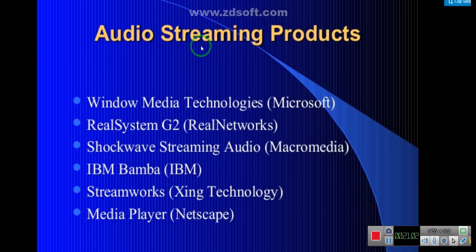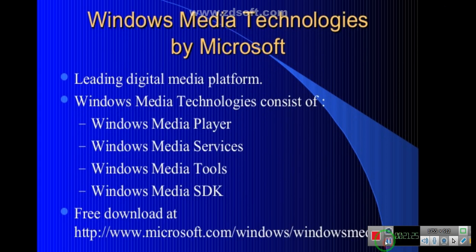Now coming to audio streaming products. The first one is Windows Media Technologies by Microsoft, then Real. In Microsoft, if you have a licensed Microsoft Office, you can make your audio video conference call, audio video meeting, etc. Then RealSystem G2, RealNetworks, Shockwave, all of these can be used as audio streaming products.